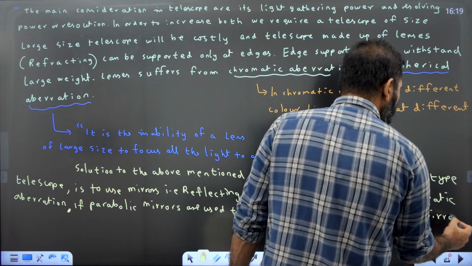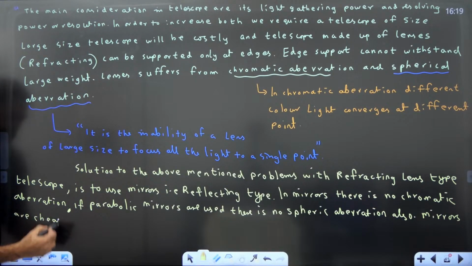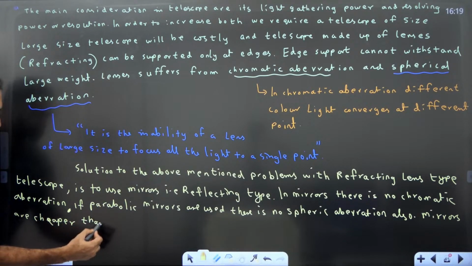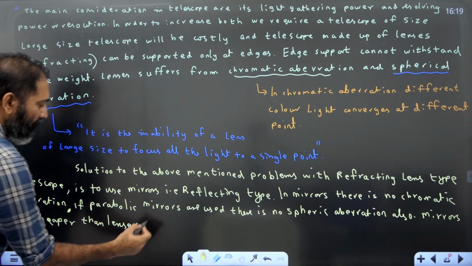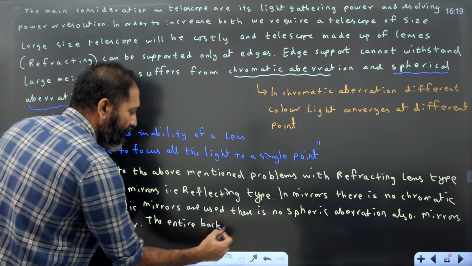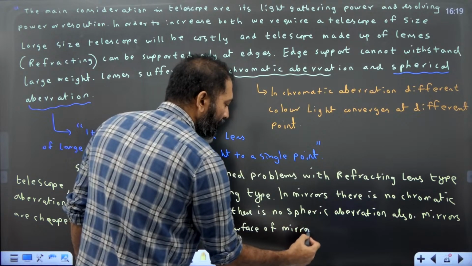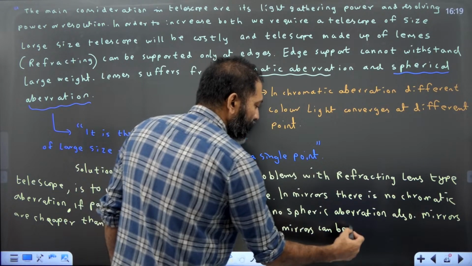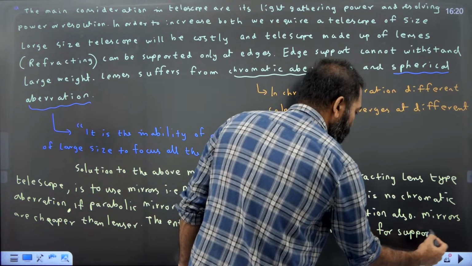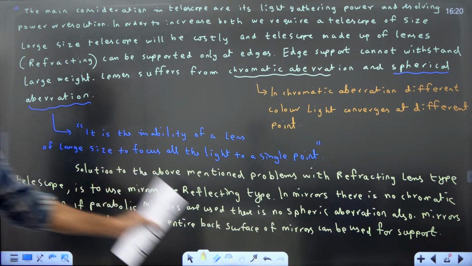Mirrors are cheaper than lenses. The entire back surface of mirrors can be used for support. These are the advantages of mirrors.